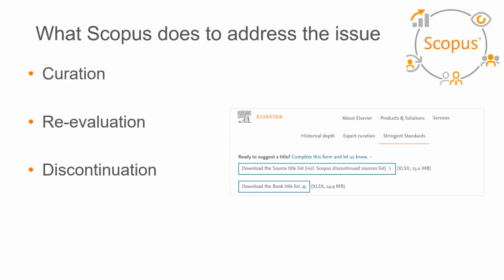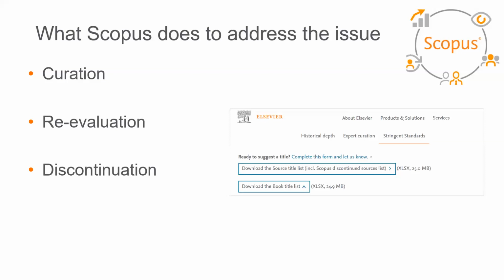So if you go within Scopus, under sources, there's an Excel list that you can export, and it contains all the discontinued journals with their dates and the reason why they have been discontinued. This does not include journals that are discontinued for normal reasons, such as the editorial board not wanting to continue with the journal.